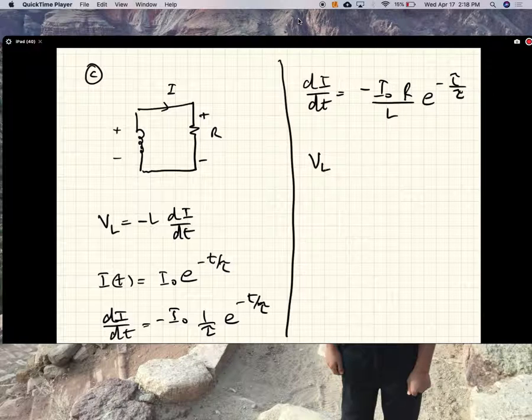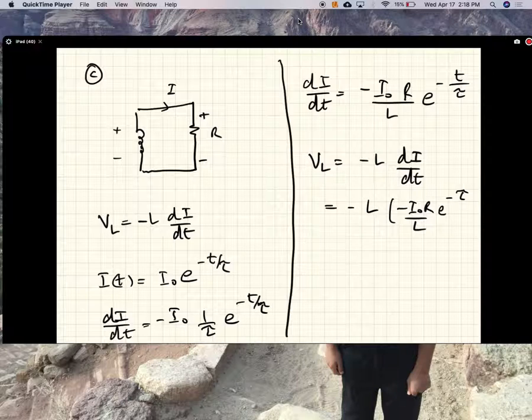And so VL is L times di by dt, which is minus L times minus I naught R by L e to the power of minus t by tau.